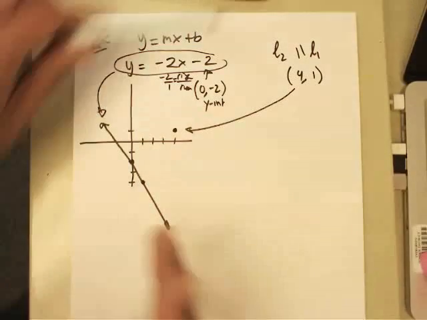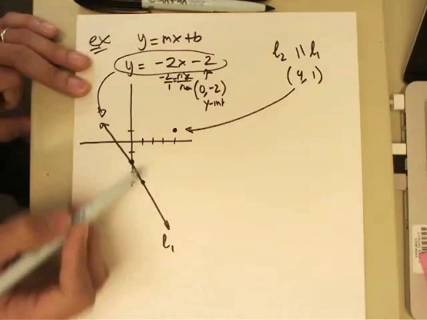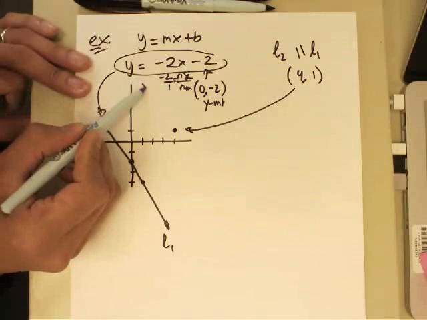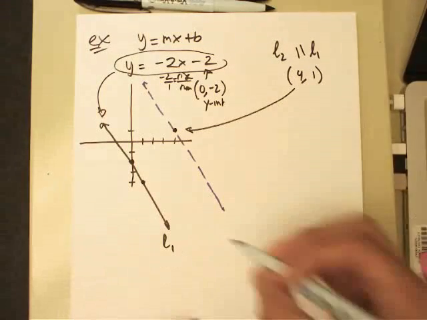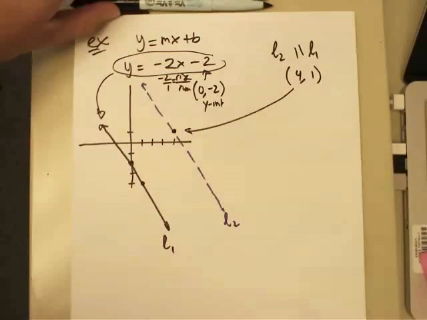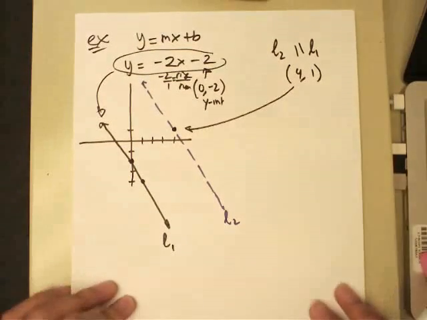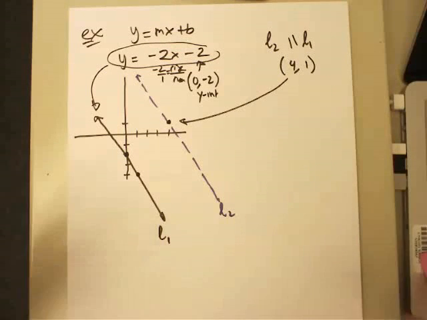Okay, so kind of visually, you know that your second line, in order for it to be parallel, has to look something like this. Is that true? Okay, so I know that my line has to look like that for it to be called parallel. And based on what we learned in example 1, we know that parallel lines will have the same slope.